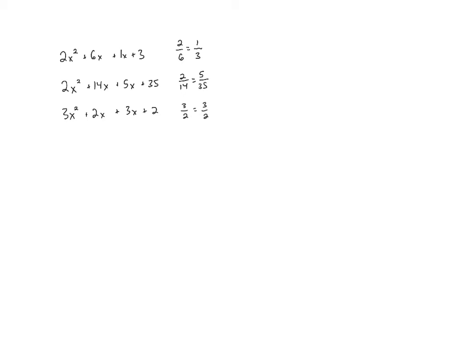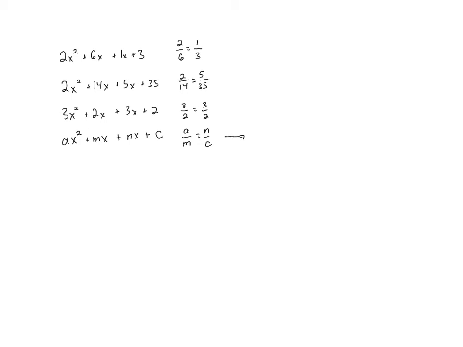And the reason we need them to be proportional is so that when we pull out the GCFs in each of the groups, the leftovers end up being the same. This is just something that needs to happen whenever we're factoring by grouping. So, if we're looking at a polynomial like ax squared plus mx plus nx plus c, then we know the coefficients have to be proportional, so a over m equals n over c.